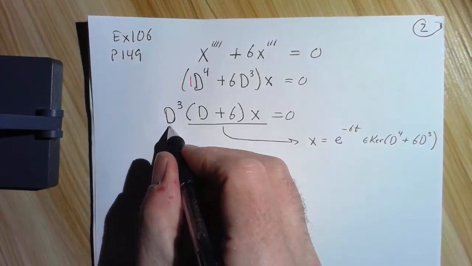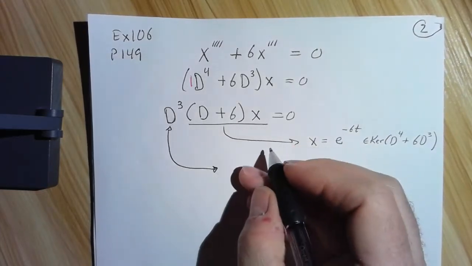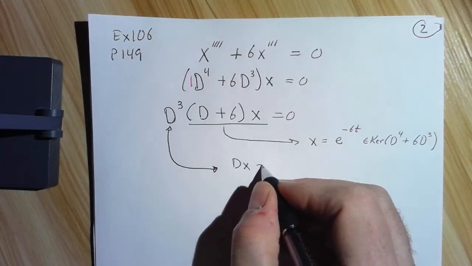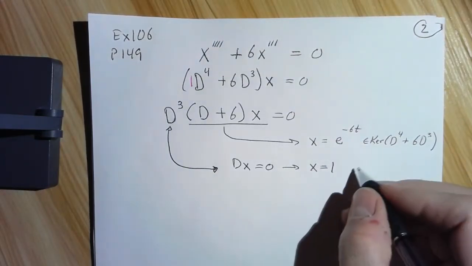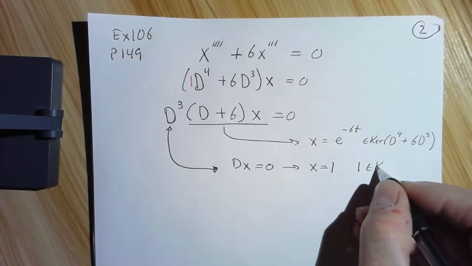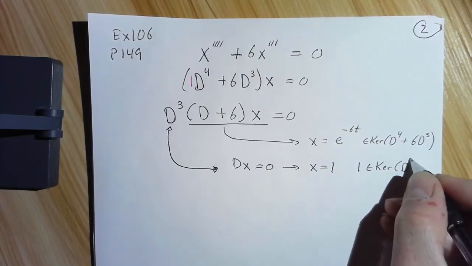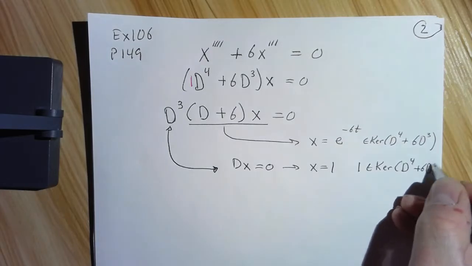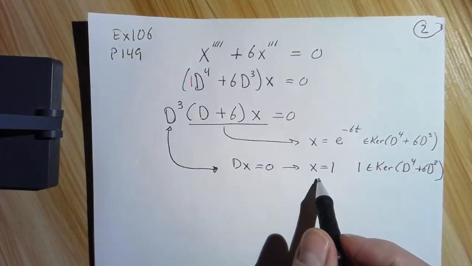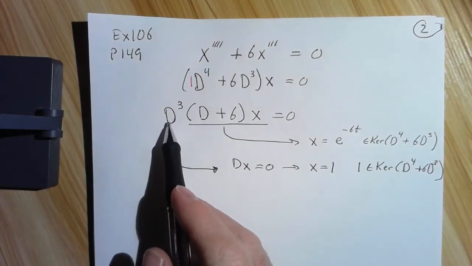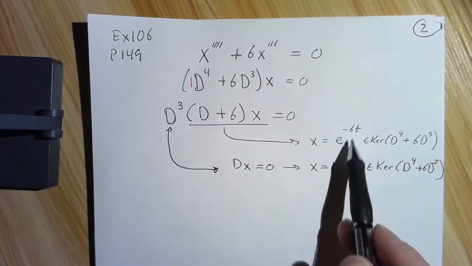Now what about this? Well, Dx = 0 yields x = 1 as a possible solution. So 1 is in the kernel of D^4 + 6D^3. But I have 3 D's here, and I only have 2 functions so far.